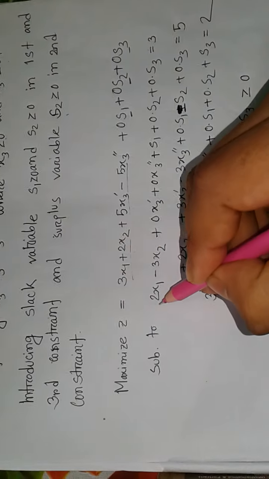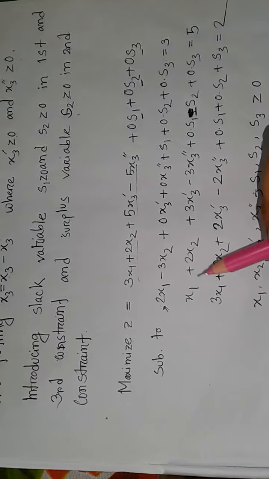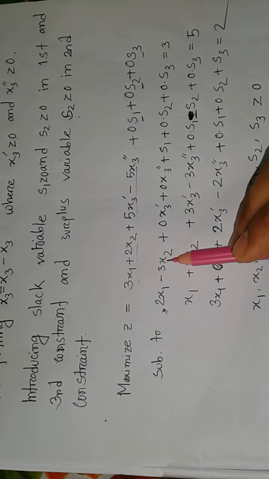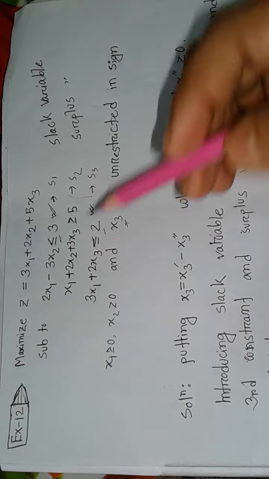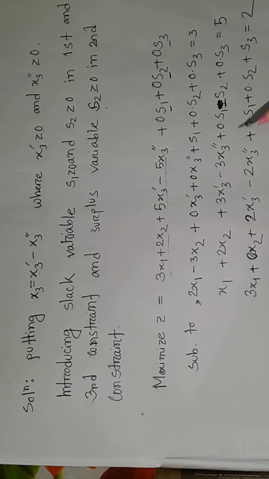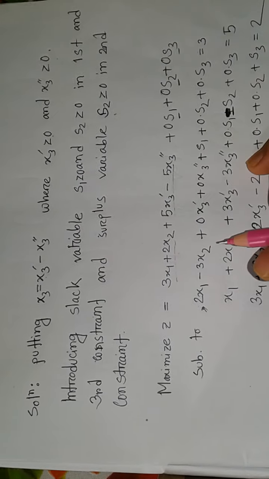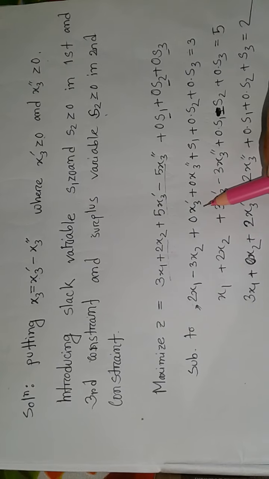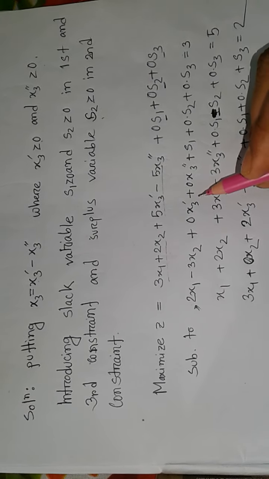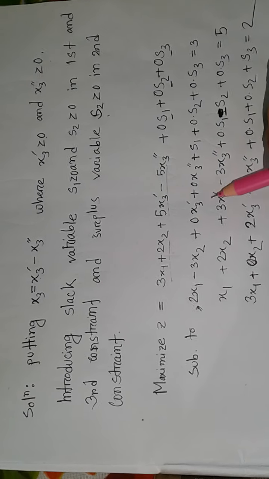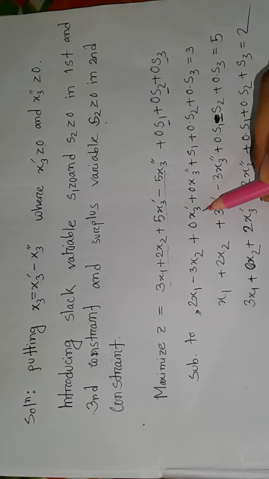In the first constraint, here 2x1 and minus 3x2 are unchanged, but if we want to transform it into standard form, we use x3 here also.